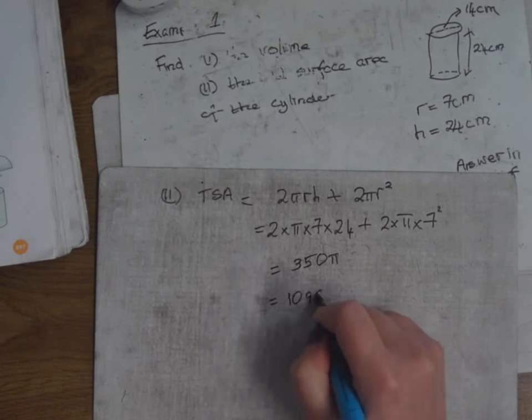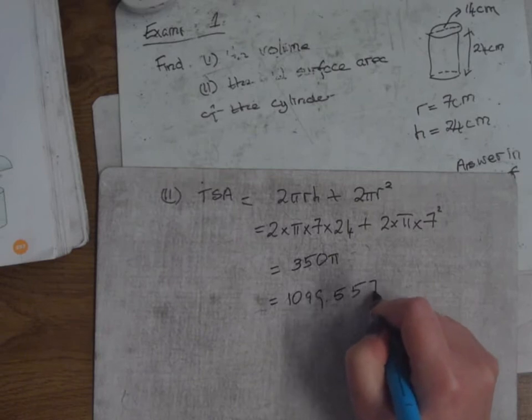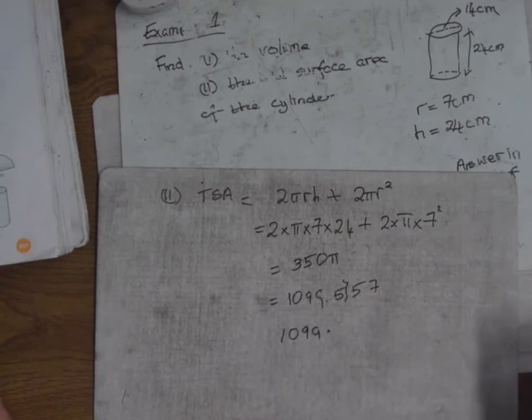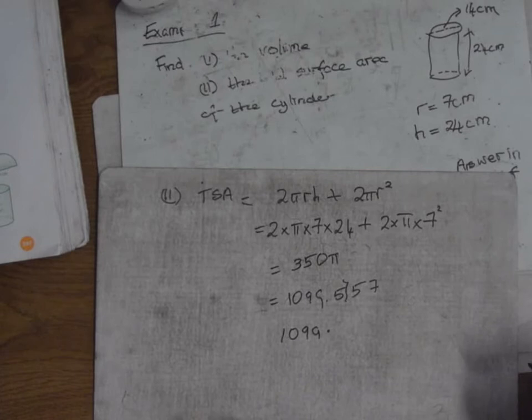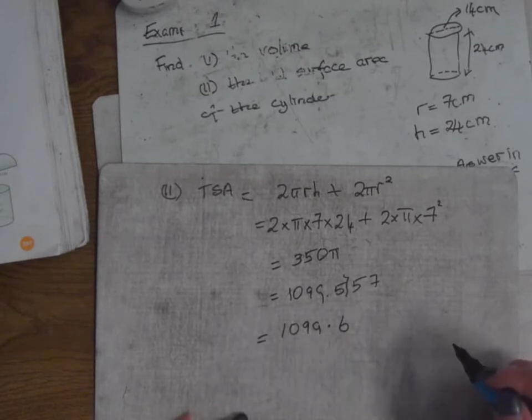Rounded to one place of decimals, and this is area, so I need to put a unit on it. So what would that be?